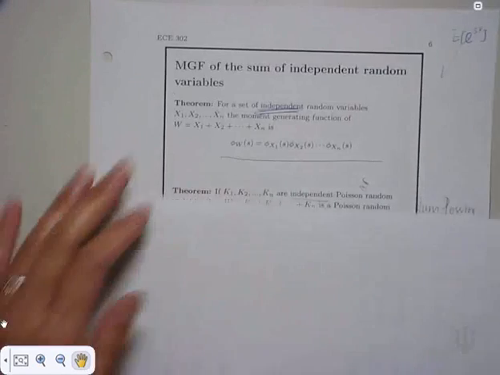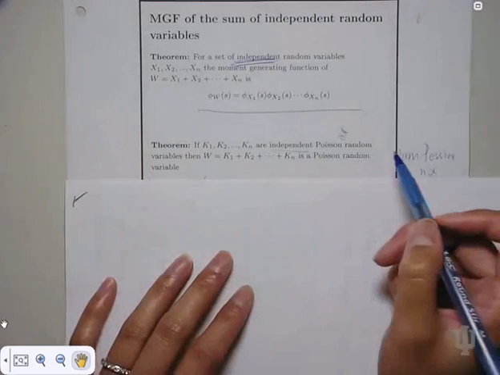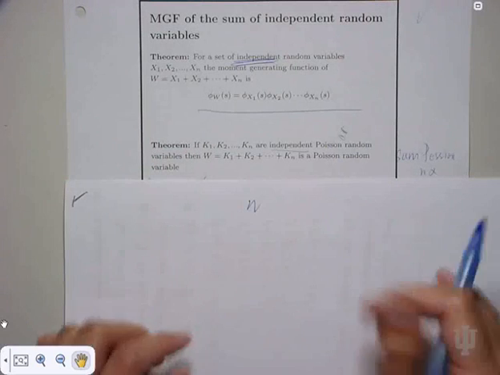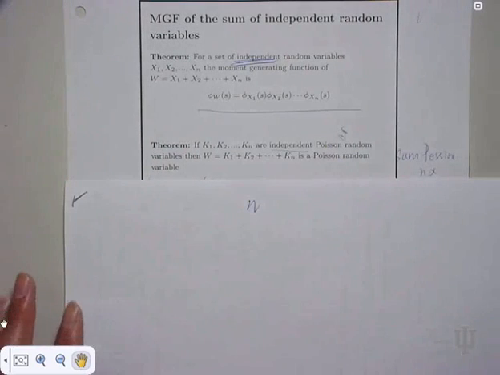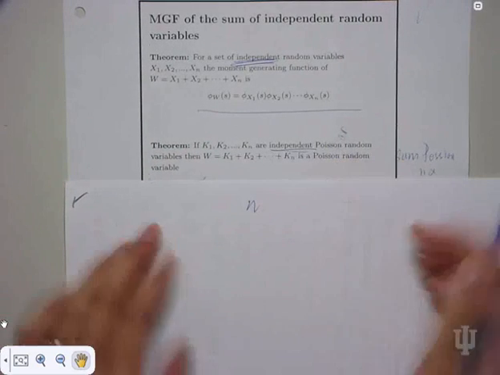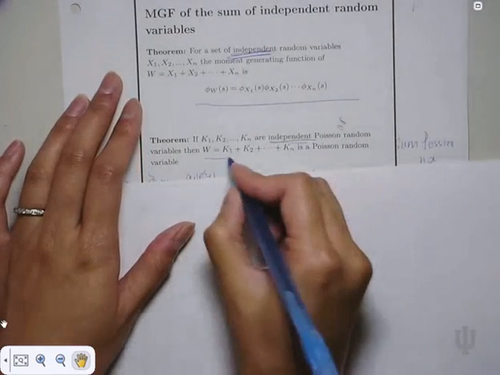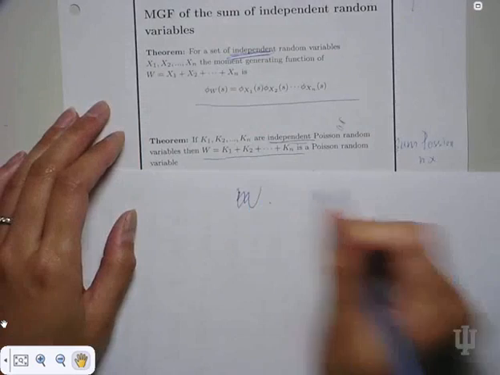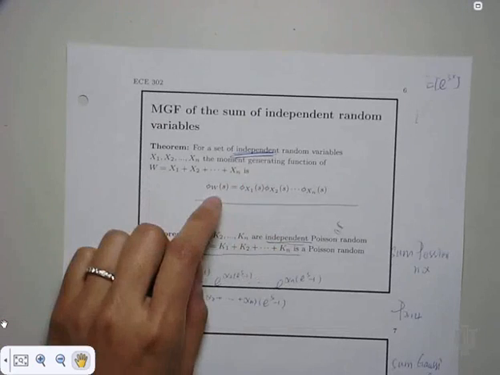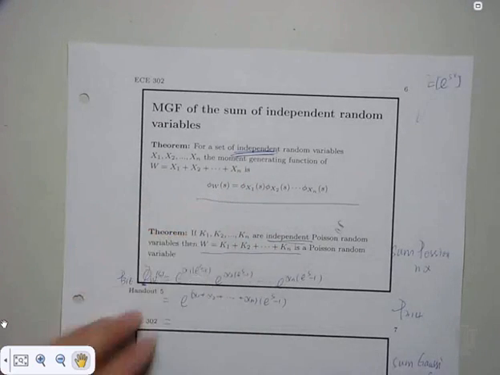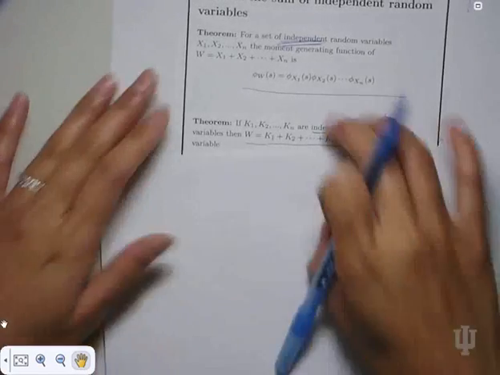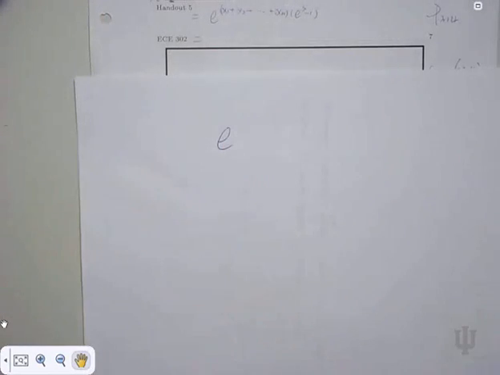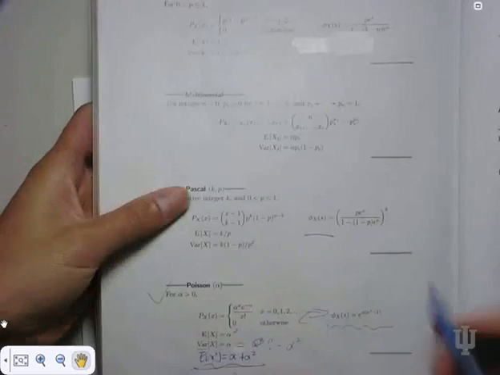Thus, for n Poisson random variables, call them k1 to kn, independent of each other, and the sum of those independent Poisson random variables is w. Then what's the moment generating function of w? For each Poisson random variable, we just did this.